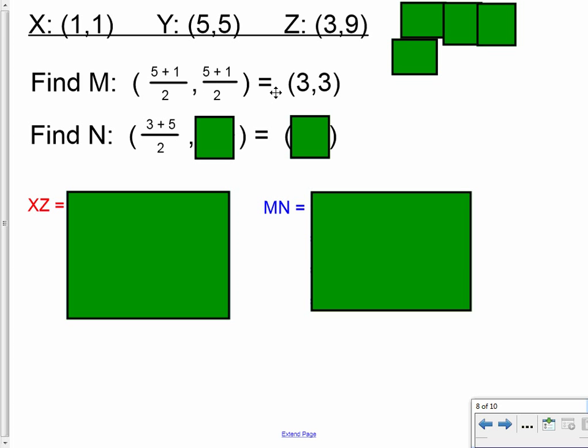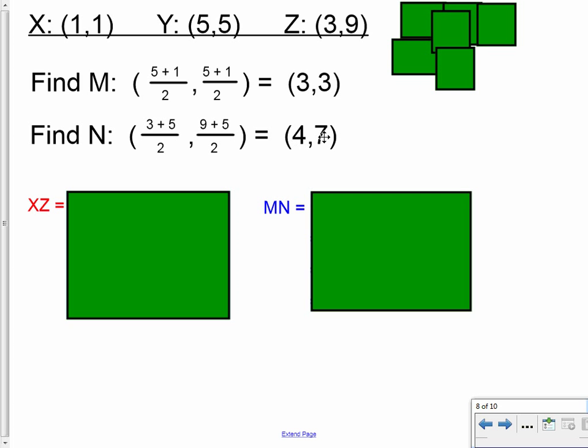Again, for our new Y value, I use Y2, it's the 9 from Z, plus the 5 here, our Y1, 9 plus 5 over 2. So I used our two Y values. 9 plus 5 is 14 over 2 is 7. 3 plus 5 is 8 over 2 gives us 4. 4 and 7. That's going to be our midpoint, or the coordinates of N.